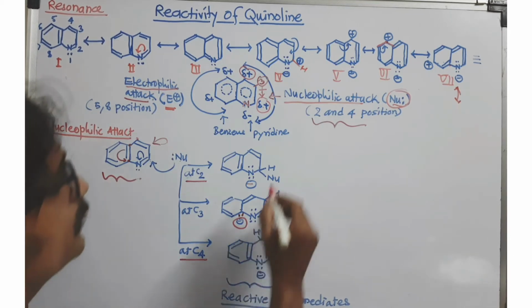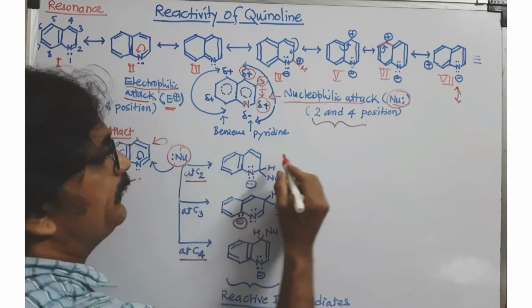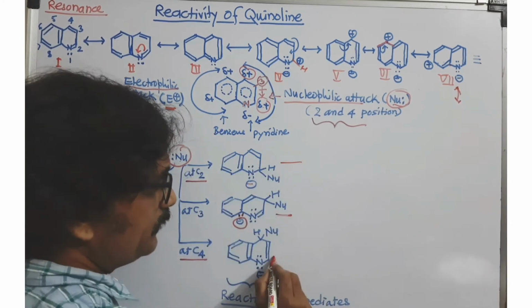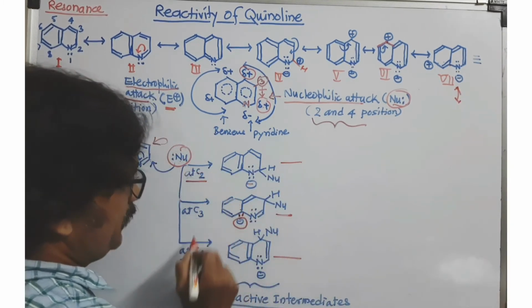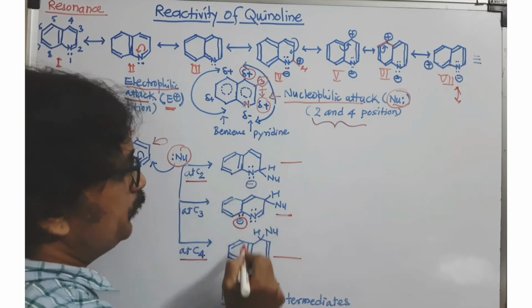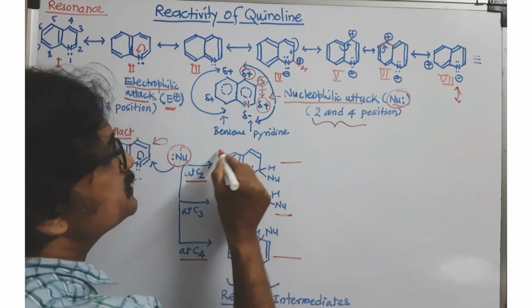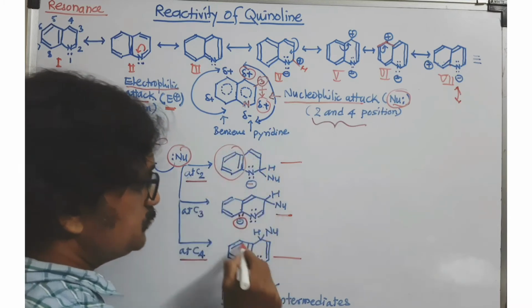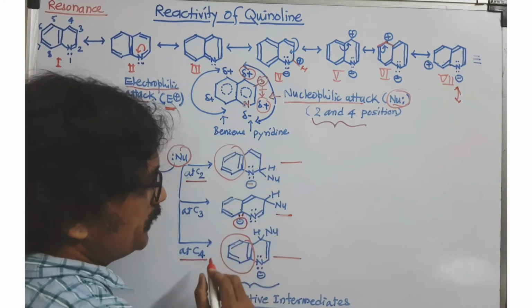Now see here, after the nucleophile attacks at carbon number 2 and carbon number 4, in both structures the benzene ring is intact. There is no disturbance, no change in the benzene ring.